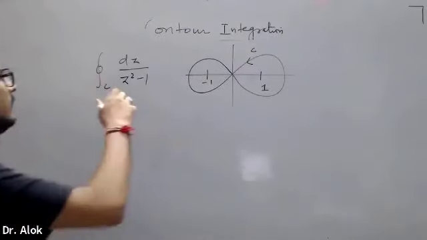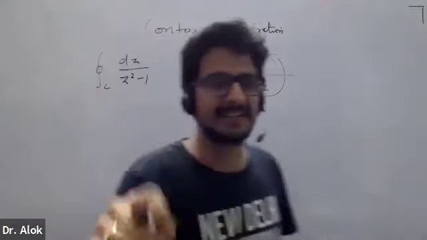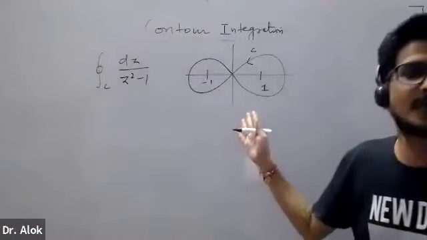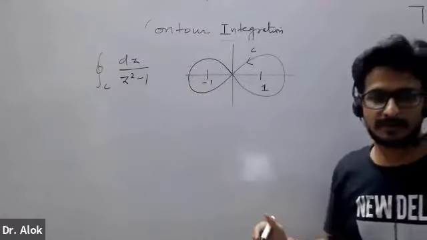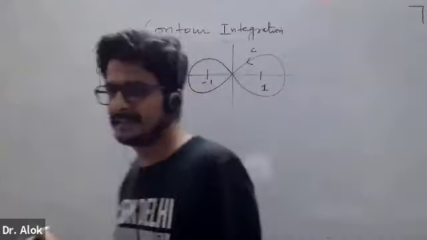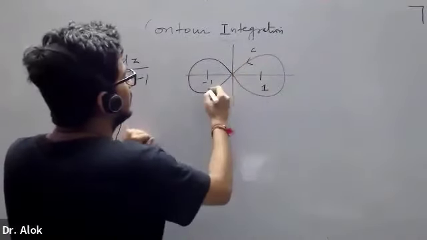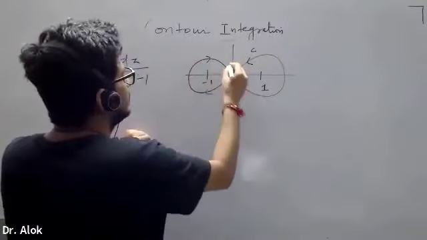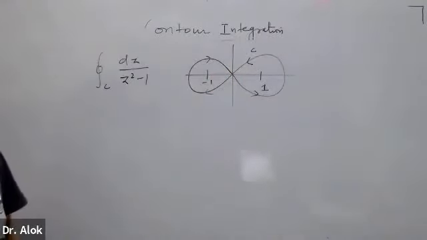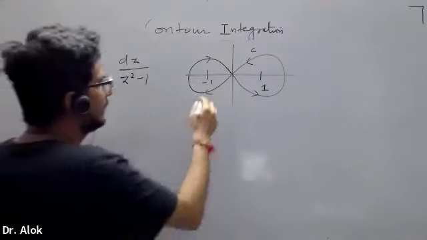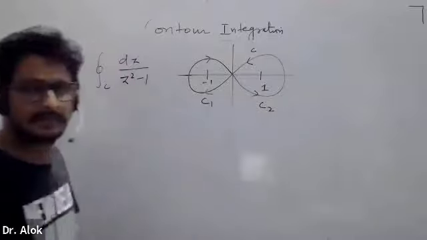And you see, the function is very simple, but the understanding is required from the contour point of view, not from the functional point of view. So the understanding is this, that this can be considered as like this, will go like this, and this will go like this. You agree with this? Yes, sir. We can divide it into two contours C1 and C2.